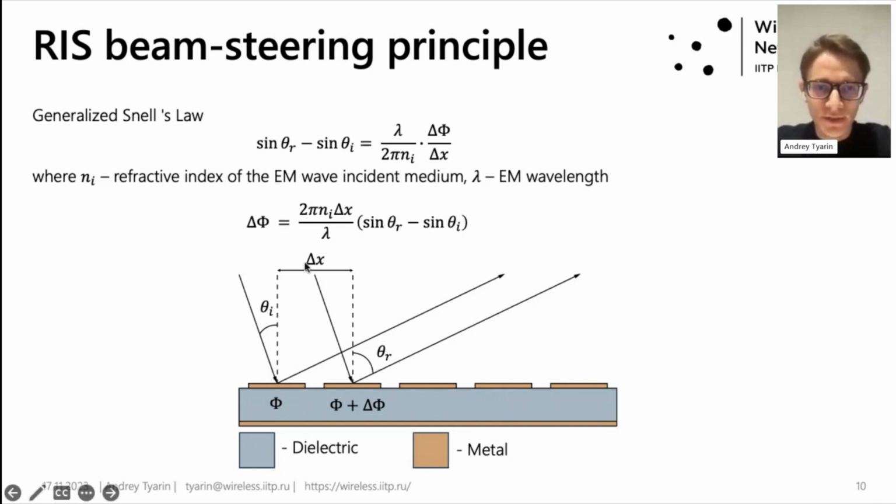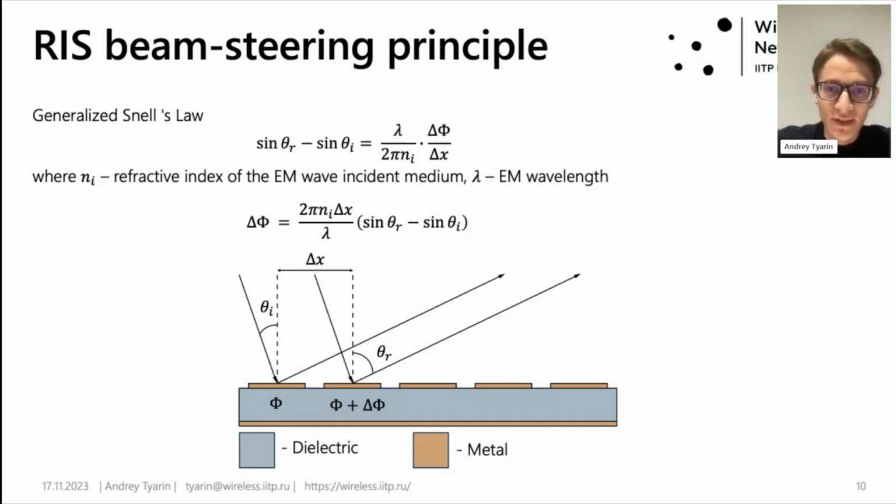Let delta x and delta phi be the distance and the phase shift difference between adjacent UCs, respectively. The phase shift of a single UC is the difference between the incident wave and reflecting wave phases.